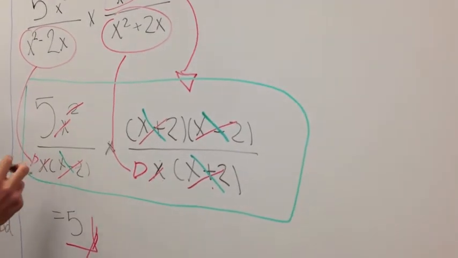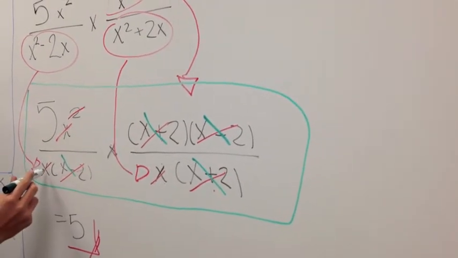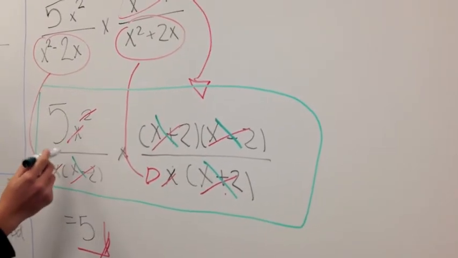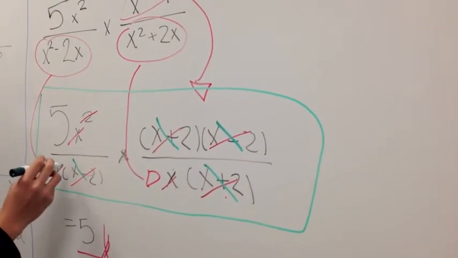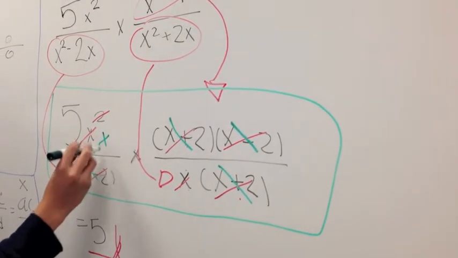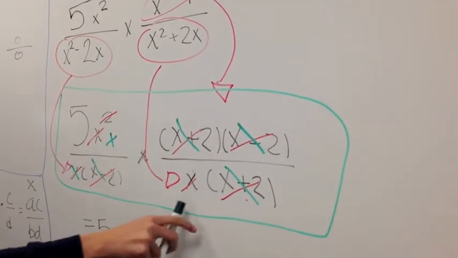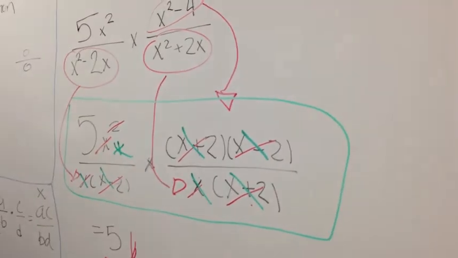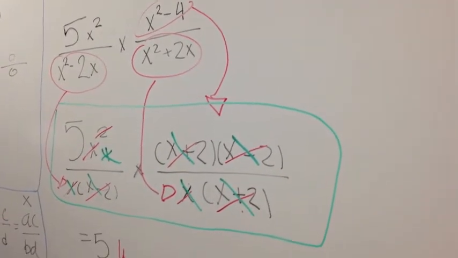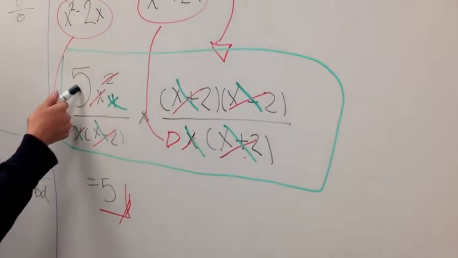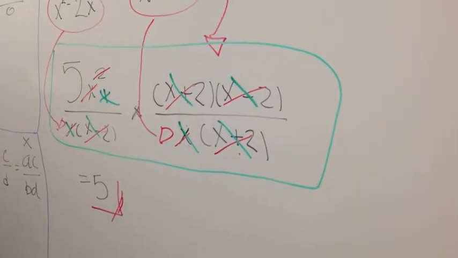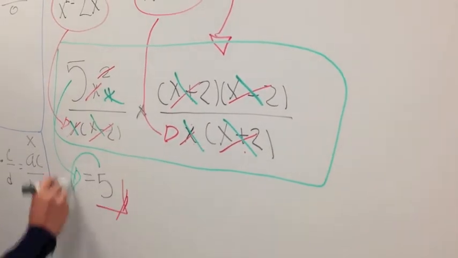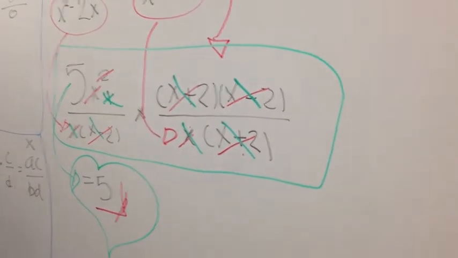This x can eliminate only one x of this x squared, so we eliminate here and we have only an x here, and we're missing an x here, so both are eliminated. And 5 is the only number that remains, so it becomes the answer.